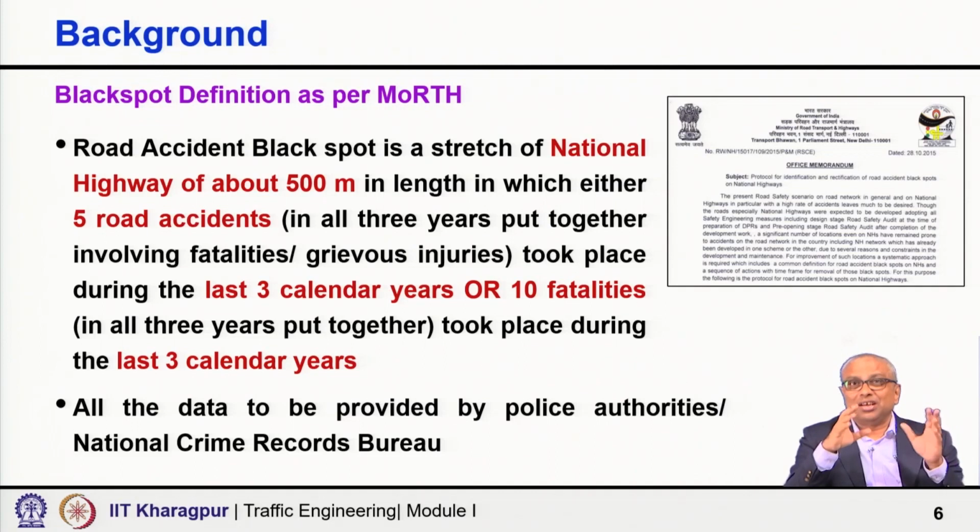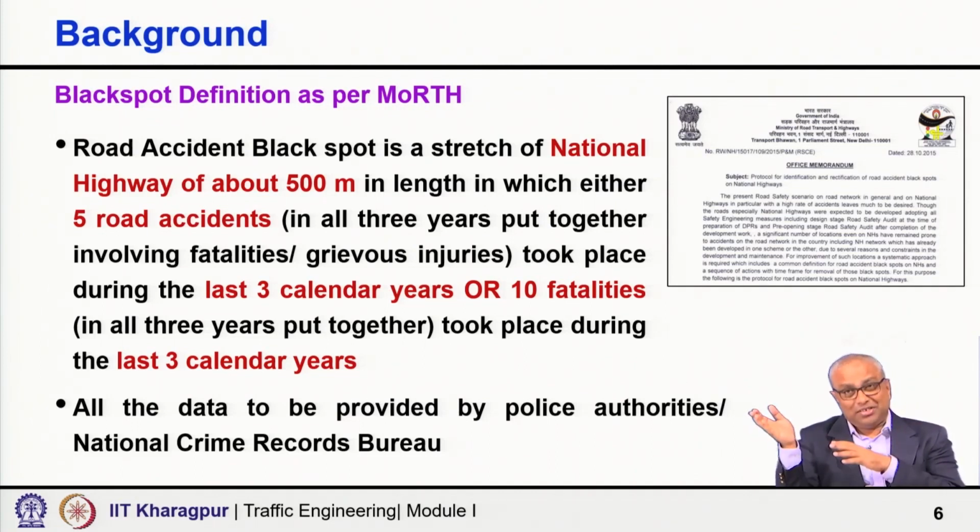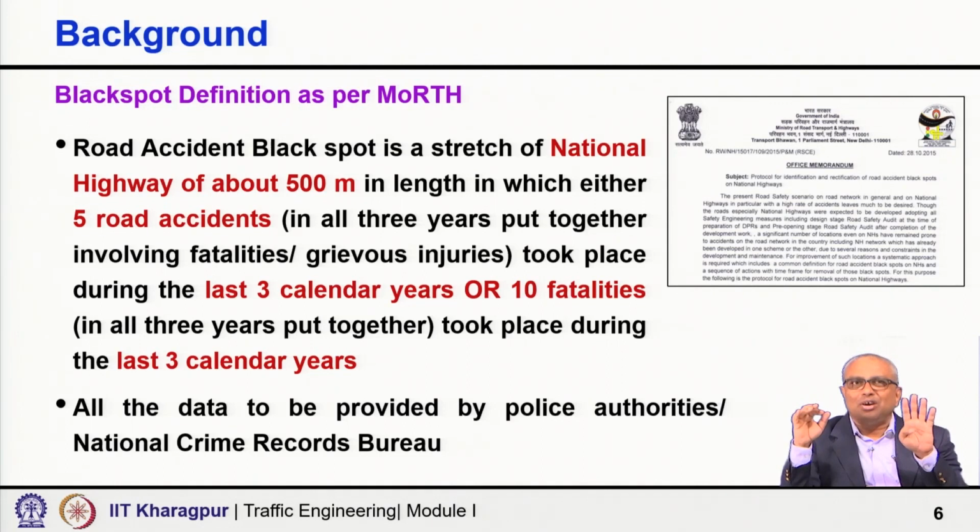So, the first is the number of accidents, and the second is the number of fatalities: 5 accidents involving fatalities or grievous injuries, or 10 fatalities in the last 3 years. Now, all the data is to be provided by the police authorities or the National Crime Records Bureau.